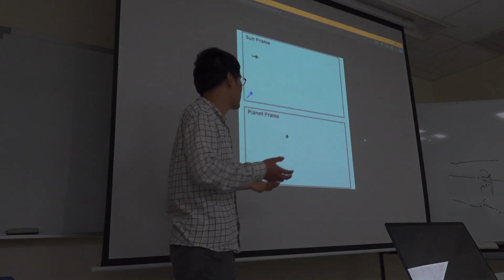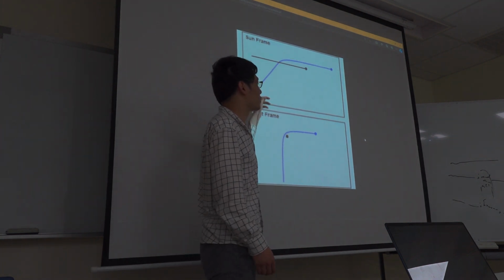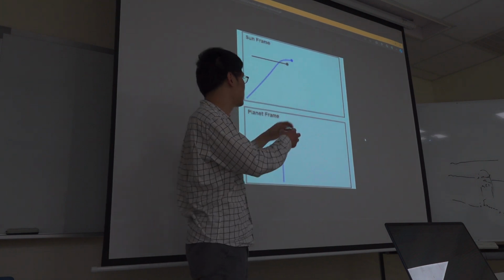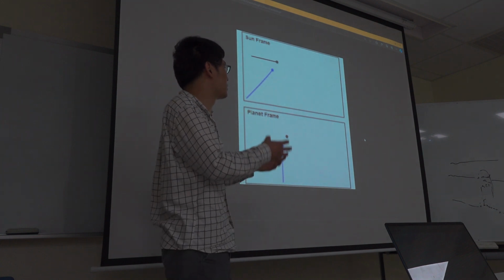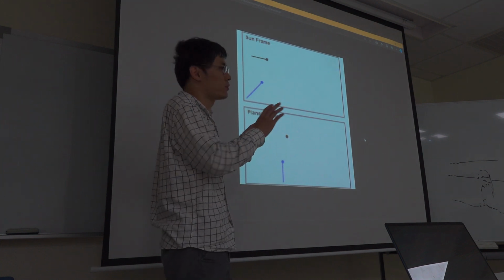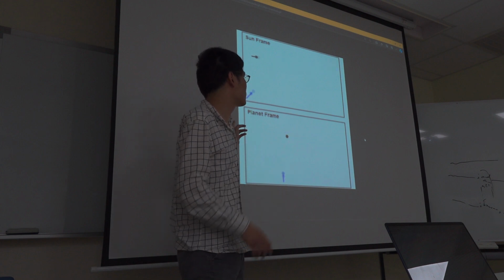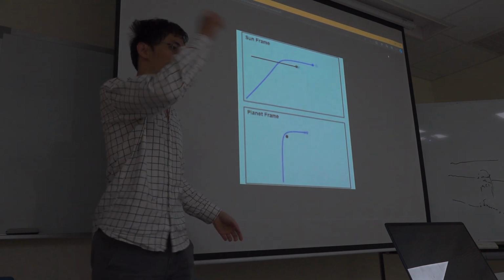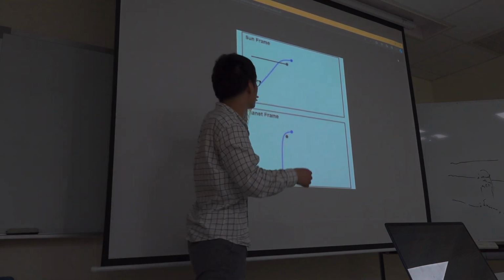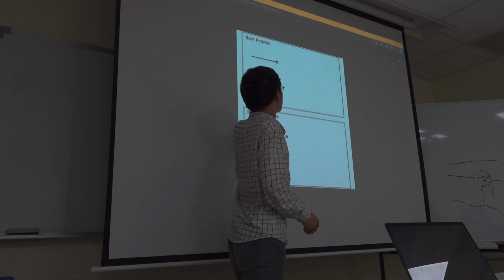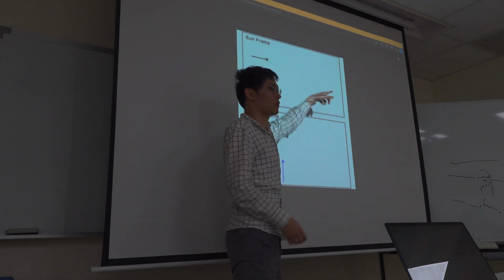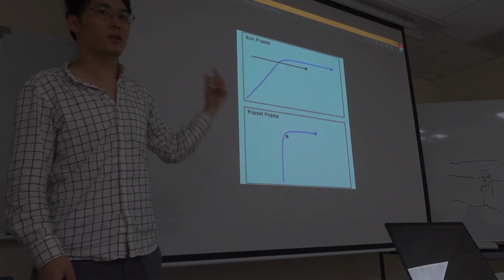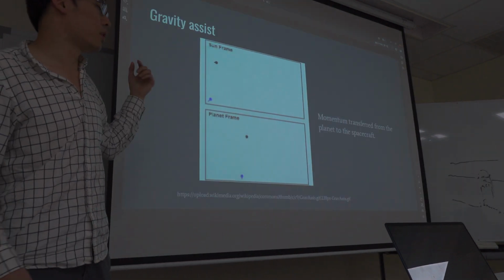So the overall effect is that your spacecraft will take the momentum from the planet, like a slingshot. You come along from behind and the planet will slingshot the craft with a higher velocity. Of course, you can go backward, so it can slow you down too.